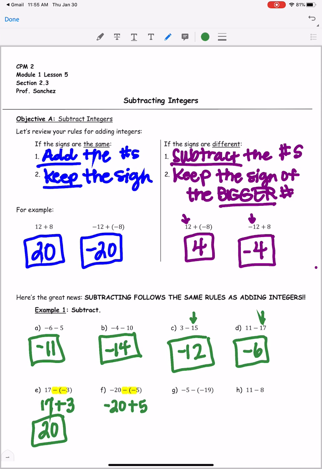So subtract 20 minus 5 is 15, and we're keeping the sign of the bigger number, which is 20, and that is negative. Now, kind of notice something on this one. Notice that my negative 20 stayed negative 20 because you don't have a double negative in front of 20. I'm only changing where that double negative is.